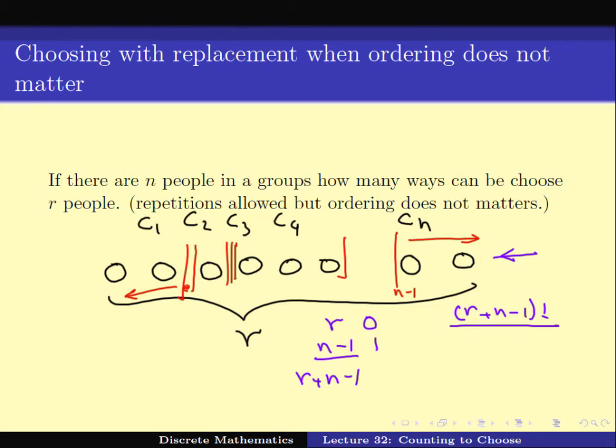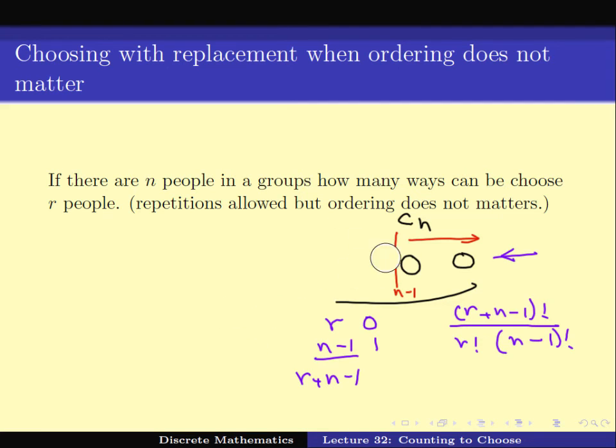But since all these circles are identical, I should divide by r factorial, and I should also divide by n minus 1 factorial, because these bars are also identical. So this way I have been able to count in an indirect way how many ways I can select r people from n people, where repetitions are allowed and ordering does not matter.